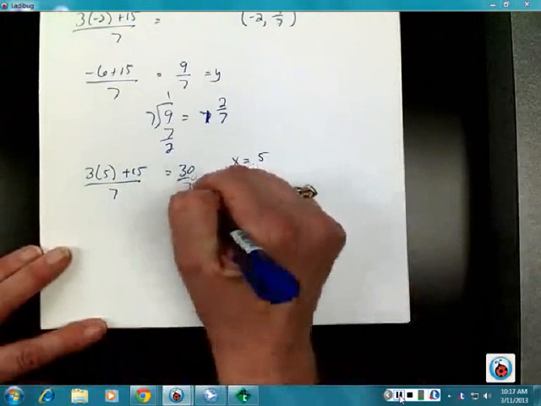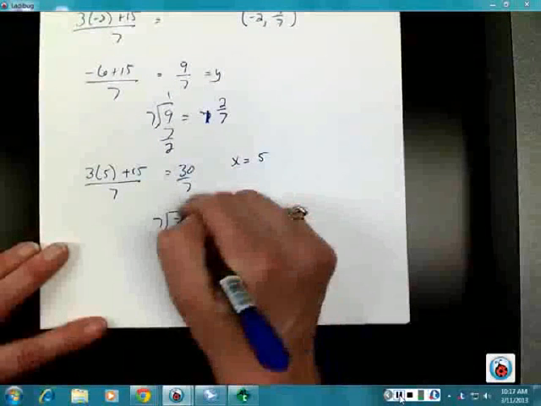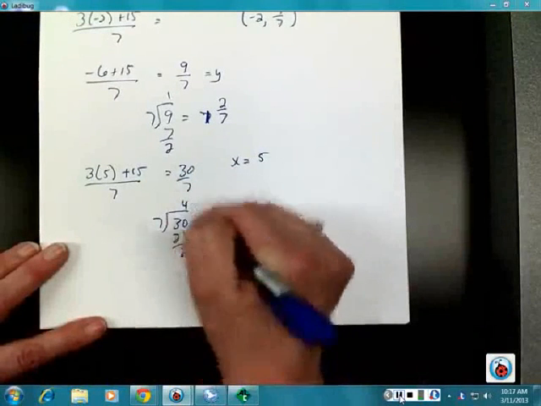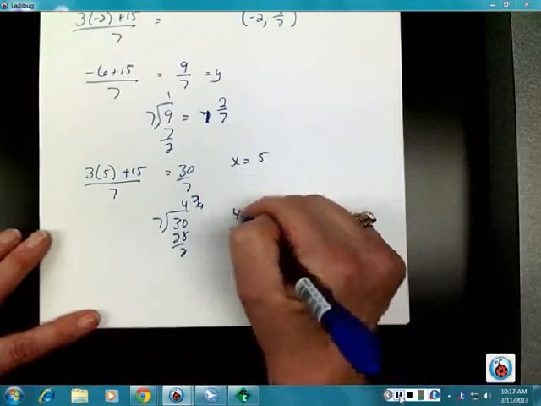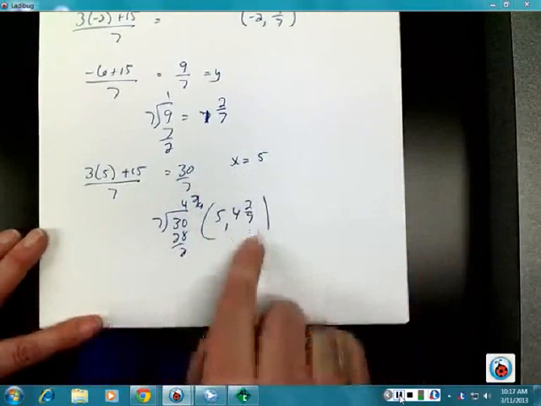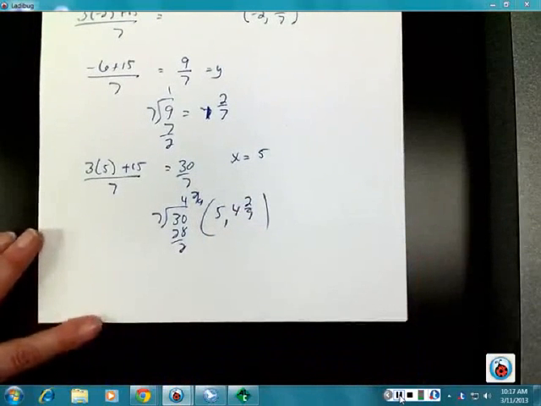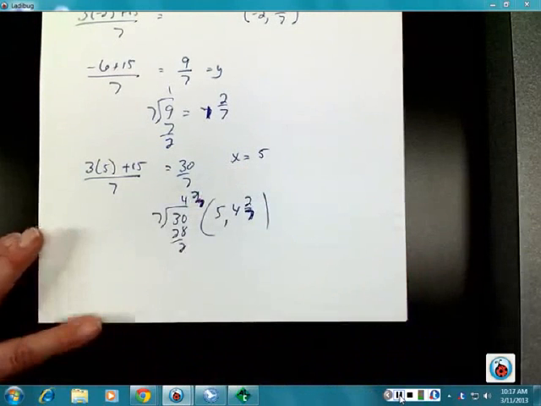So I get 30 over 7. And if I take 30 divided by 7, I end up with 4 and 2/7, comma 5. If I put it back into its point formation, or 4 and 2/7, sorry, not 9/7. Gotta remember what I'm putting in there.